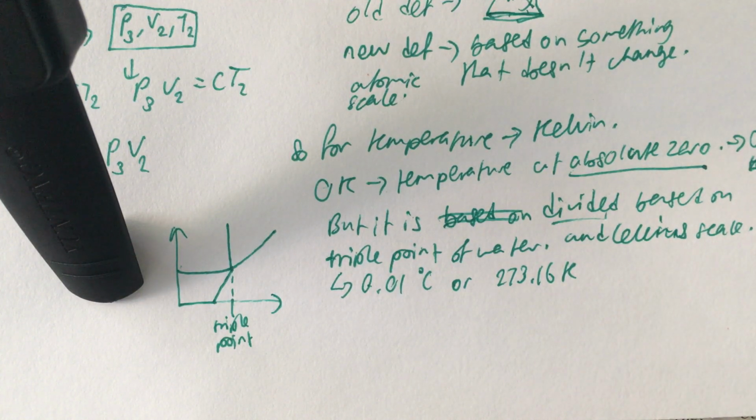Sorry, yes, 0.01 degrees Celsius and 273.16 Kelvin. So that is the triple point of water. You can just look it up, you'll see the graph. Anyway, that's just how it works.